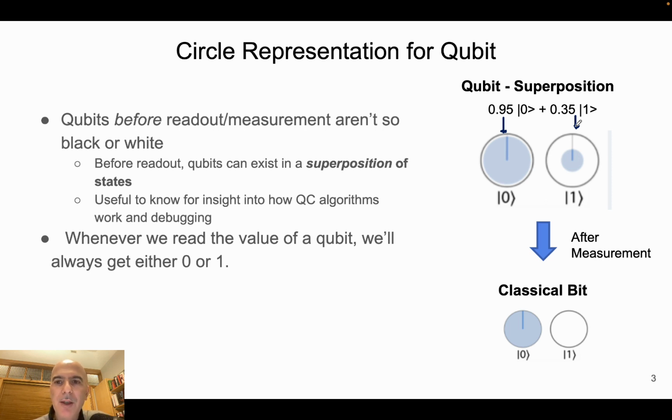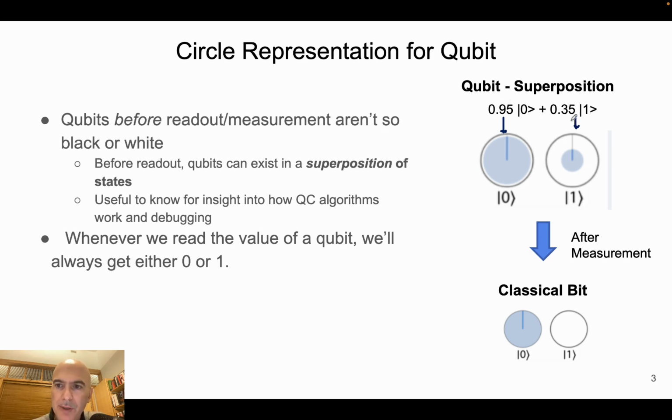We want to represent this probability by using the area of the filled circle. So here, this area is larger than this one. That means that the probability of finding the system after the measurement in state 0 is larger than the probability of finding the system in the state 1.